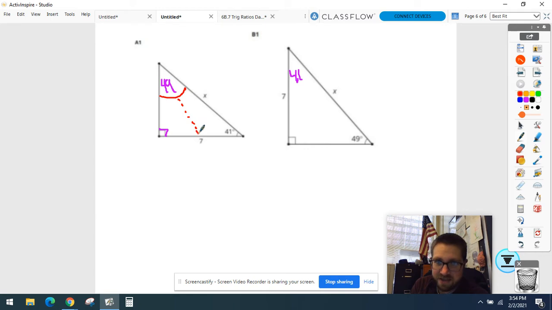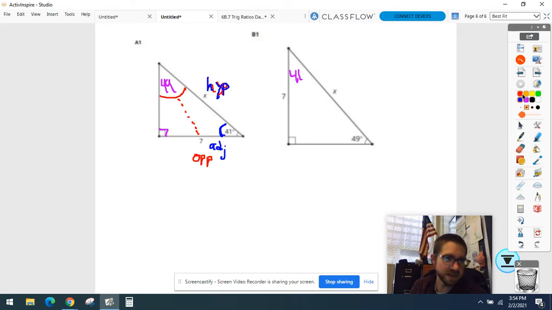Its opposite side is 7. All right, and the hypotenuse is x, okay? And then again, when we look at this other angle, 41 degrees, if we think about opposite and adjacent and hypotenuse, well, for that angle, this is the adjacent side, but the hypotenuse has not changed now, has it?